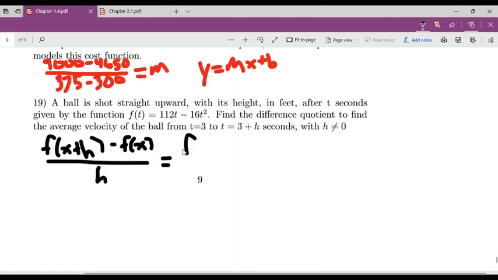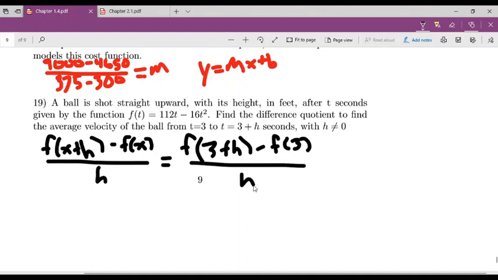So that what it looks like is f of 3 plus h minus f of 3 all over h. Okay, so that what you can do here, we'll put it on this line and I'm going to let you solve the rest of it.